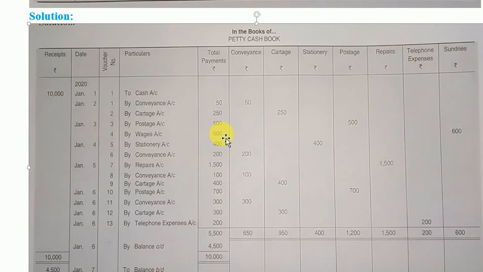This wages paid to casual laborers cannot go in conveyance, cartage, stationery, or postage, and it is not a telephone expense either. So these wages will be recorded in the sundries column amounting to rupees 600.